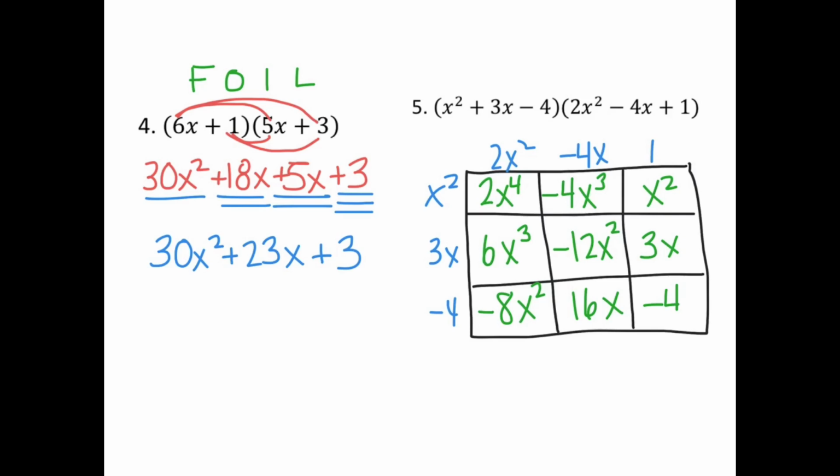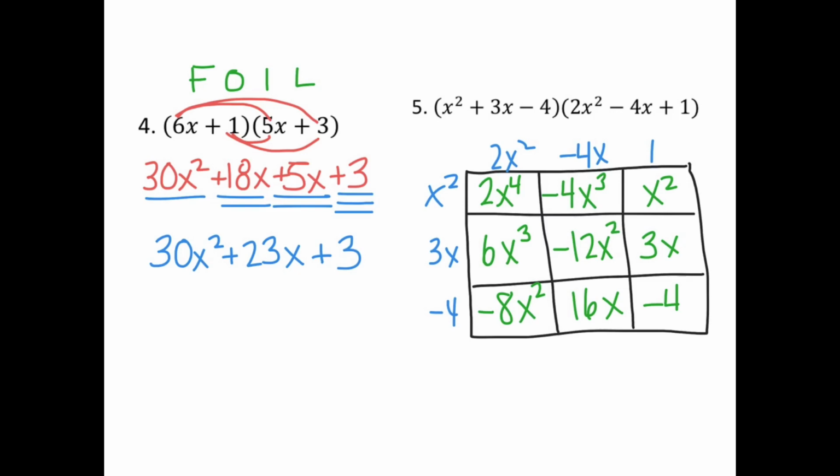Now that I have completed the box, just some things to notice. Again, when you are multiplying, which is what you are doing to fill in this box, you're adding those exponents together. So that's why x squared times 2x squared is 2x to the 4th. If you do everything correctly, there should be a nice pattern here with your exponents: 4, 3, 2, 3, 2, 1, 2, 1, 0, going down. It doesn't happen all the time, but most of the time it does.